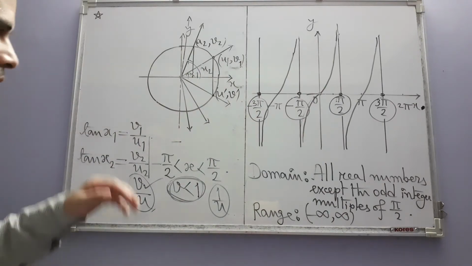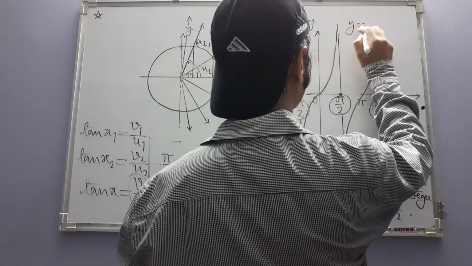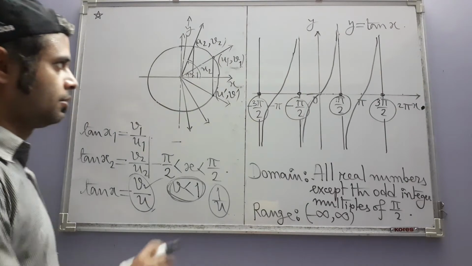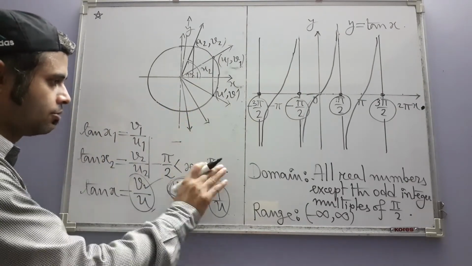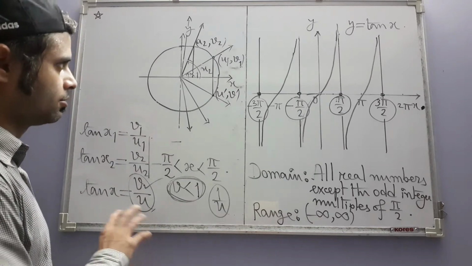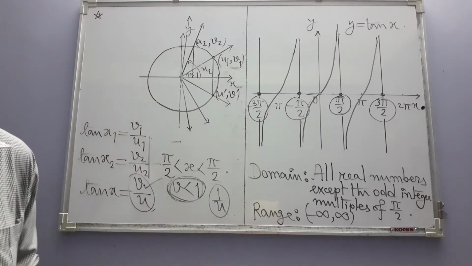So that is tan x. Now I need to write that. This same thing you can do with the sin x and cos x graphs also, to at least say some things qualitatively about the graph.